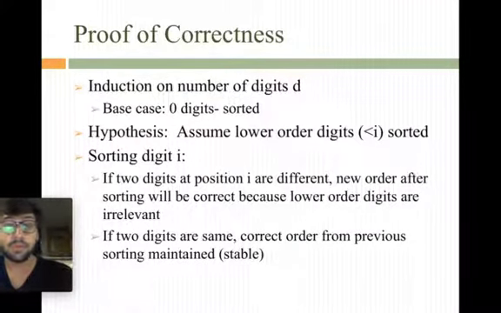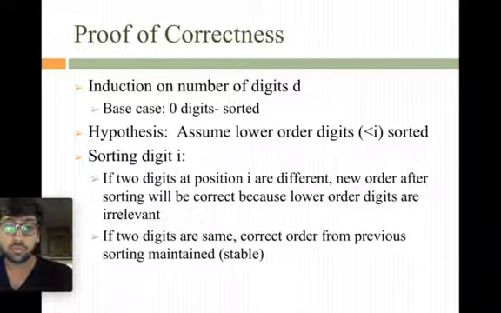Before we take an example of it, we'll first go through a proof of it, and we'll make this proof by induction on the number of digits in the numbers. The base case is that there are 0 digits. If there are 0 digits, we can say that it is sorted because there are no numbers. Now the induction hypothesis is to assume that the lower order digits, the digits that are less than i, are all sorted.